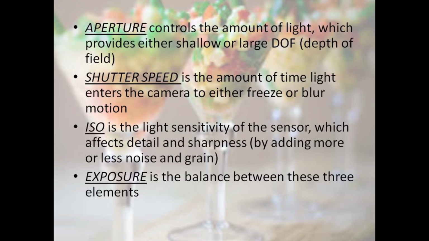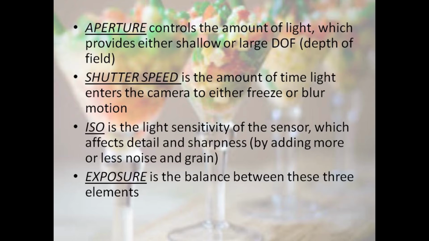Aperture controls the amount of light, which provides either a shallow or a large depth of field. Shutter speed is the amount of time light enters the camera to either freeze or blur the motion.